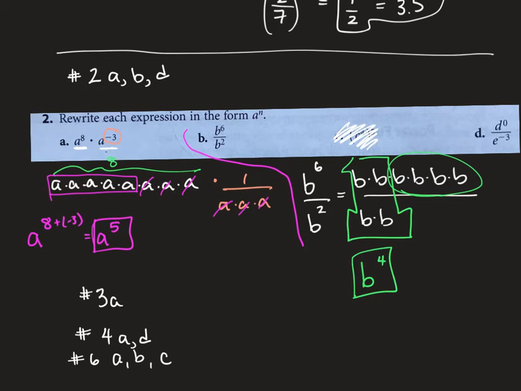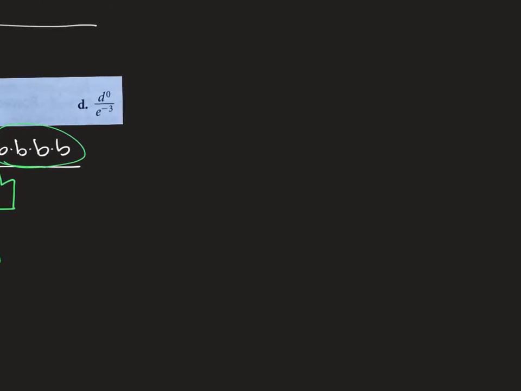The other thing is, notice that when we were multiplying, we ended up adding them. When we are dividing, like here, you'd literally just end up subtracting. So 6 minus 2 is the same as B to the 4th. Fun facts.